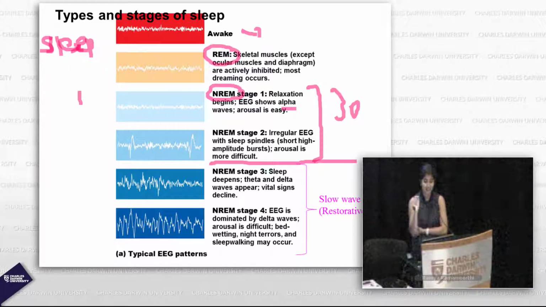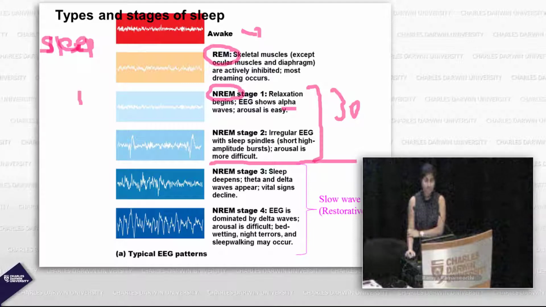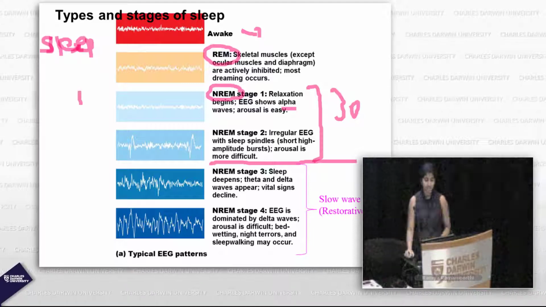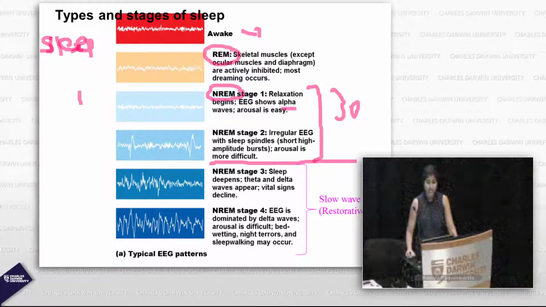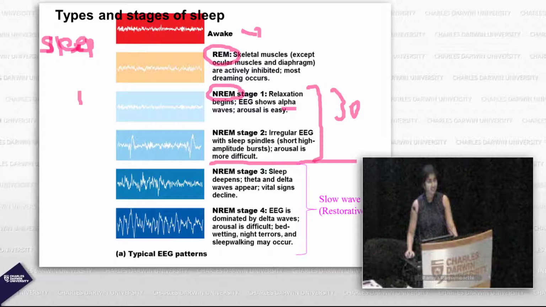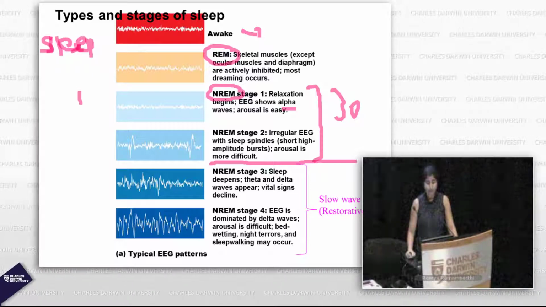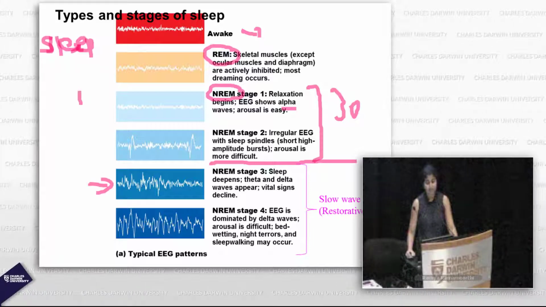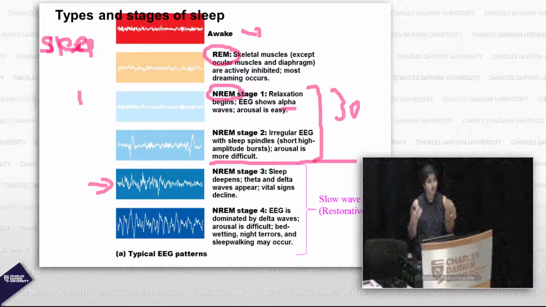Then you enter into your third stage, NREM stage 3, where your sleep actually deepens more. Your brain waves there are usually theta and delta. Theta waves we didn't discuss, and it's not necessary here, but just understand that in deep sleep your brain waves are more theta and delta waves.